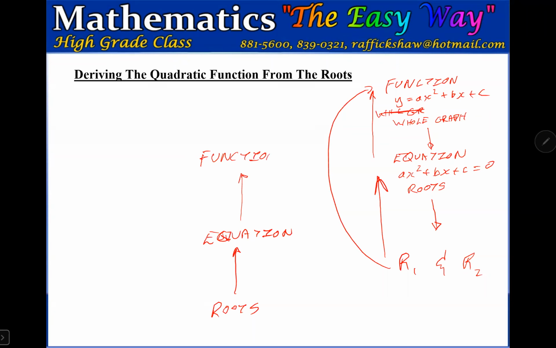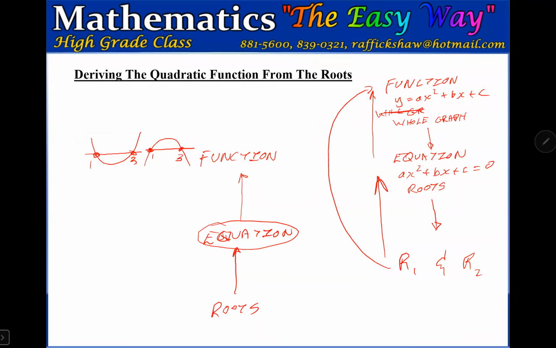And this is important because the equation can be in multiple forms, but the function has to match the graph. Remember, the function is either a smile graph or a frown graph. A smile graph can have the same two roots, for example 1 and 3, as a frown graph, which can still have the same two roots, 1 and 3.